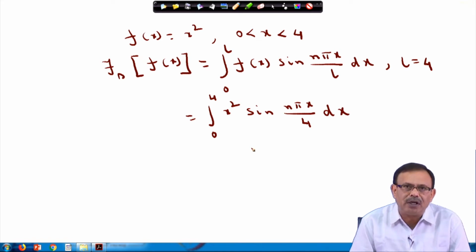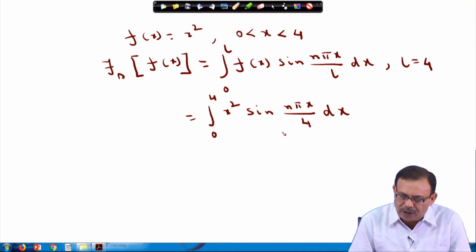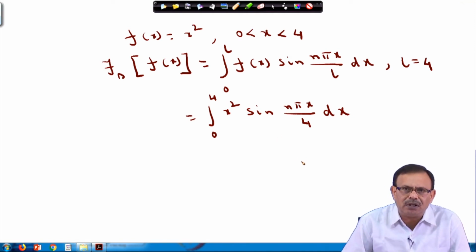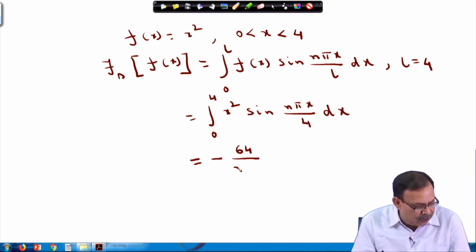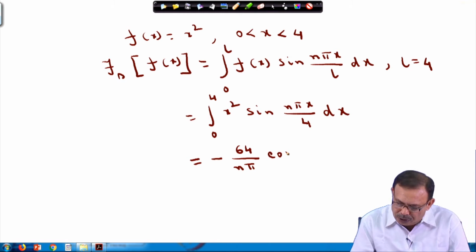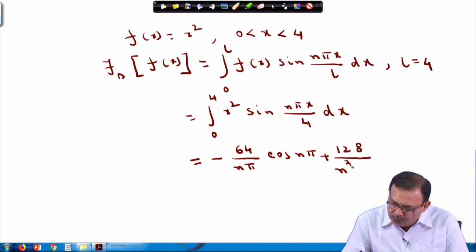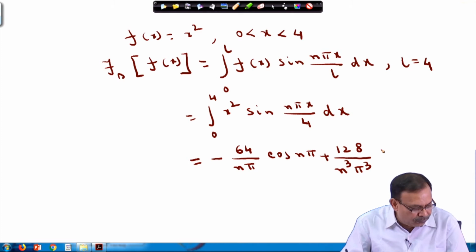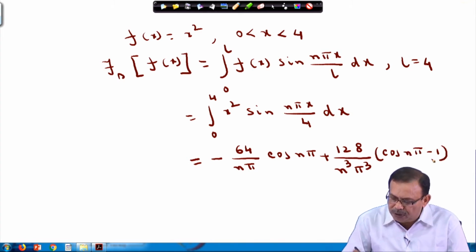If you evaluate the integral using integration by parts, I am not showing that, since we have done the evaluation of such integrals earlier, I am directly writing the result: this equals minus 64 by n pi into cos of n pi, plus 128 by n cube pi cube into (cos of n pi minus 1). This will be the result.